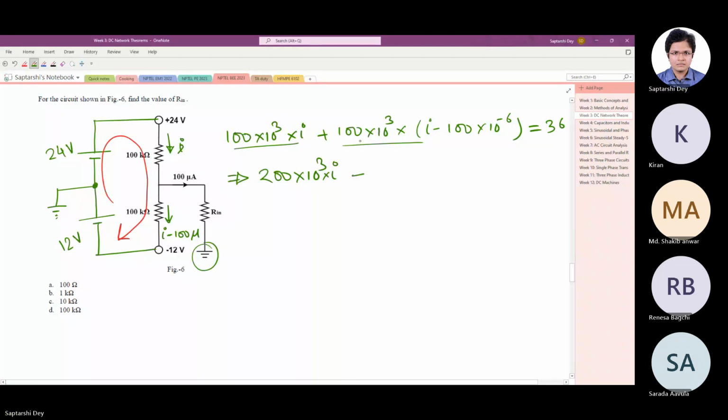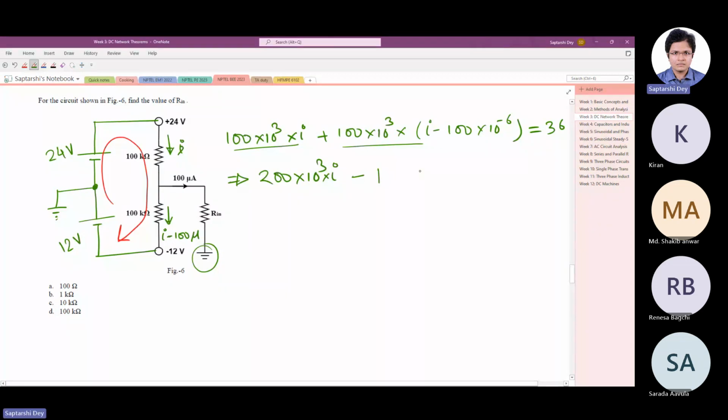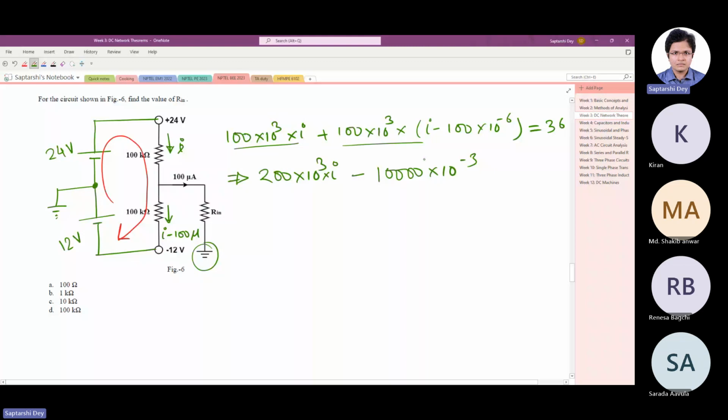How much? Okay. So this 3 goes away. Am I correct? 100 kilo times 100 micro is 10. Sorry.